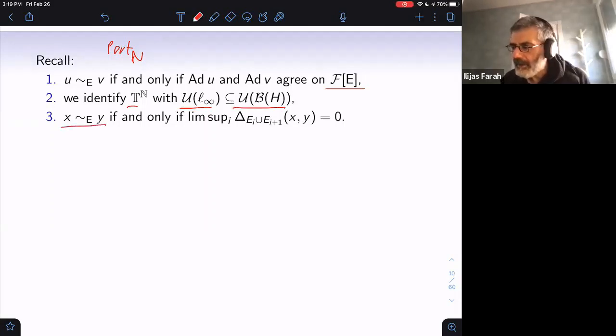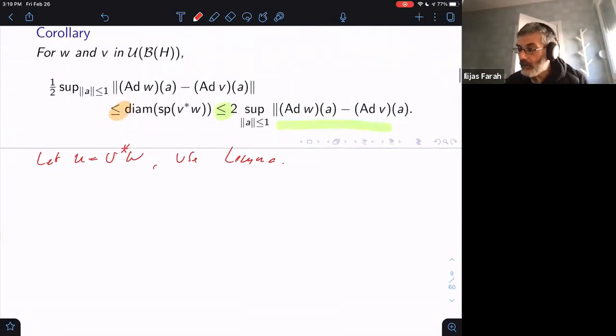And finally, so 1 was a definition, 3 is a lemma. X and Y are equivalent if and only if the lim sup as i goes to infinity of delta of E_i union E_{i+1} of X, Y converges to 0. Now to put this in context, we can roll back to this here.